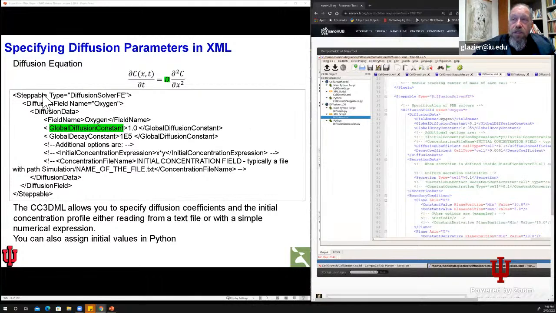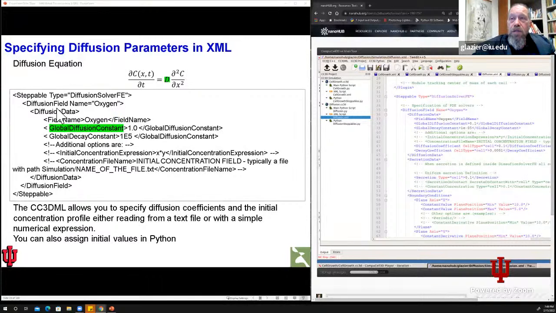The first line of the steppable will be steppable type, in this case diffusion solver FE, which is the one we chose. Inside of diffusion solver FE, there will be one or more chemical fields, and they're all going to have the same basic structure. There are a lot of options here, and we can walk through those options a little bit, one at a time.